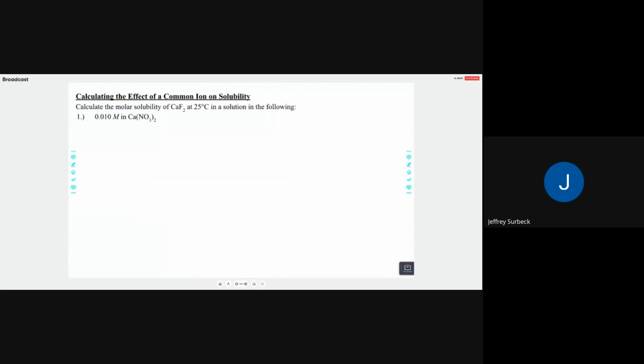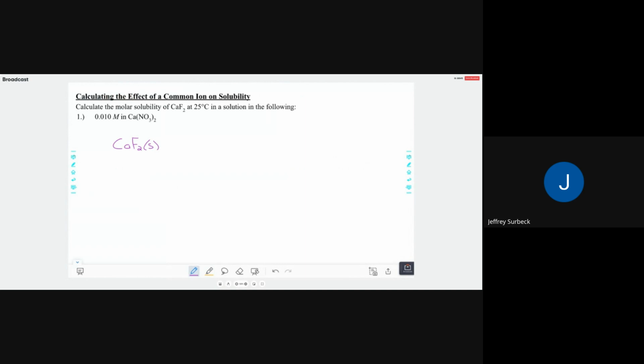We're going to start with the same equilibrium that we saw on the previous slide. We have our calcium fluoride, CaF2, and this is a solid.